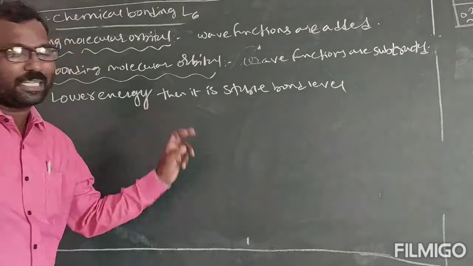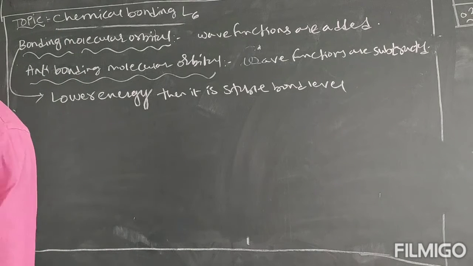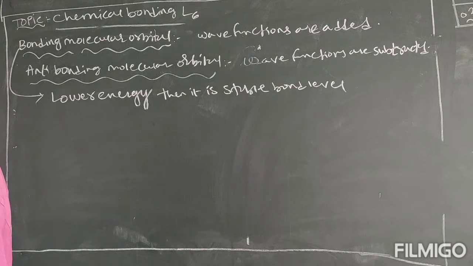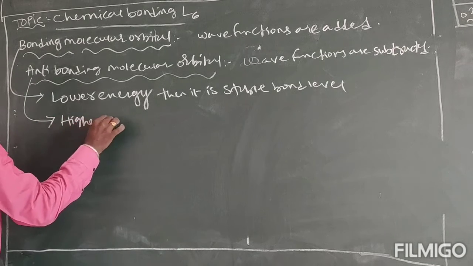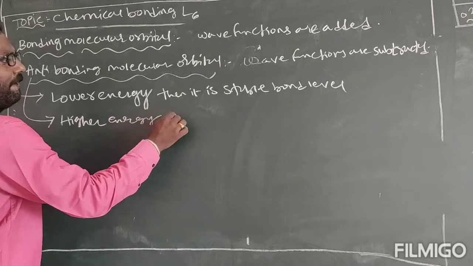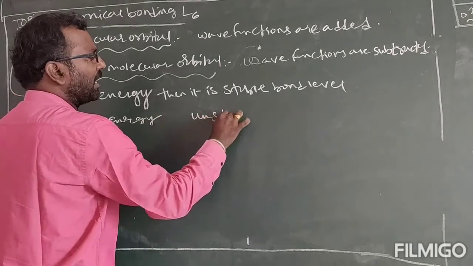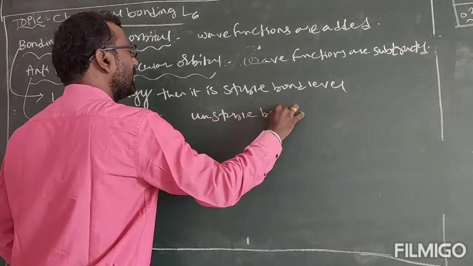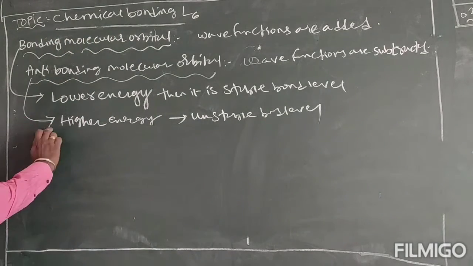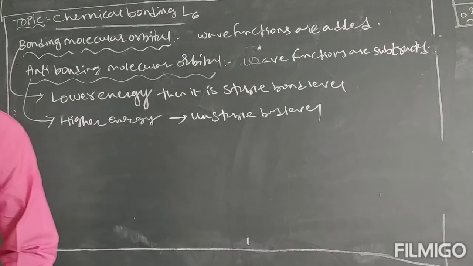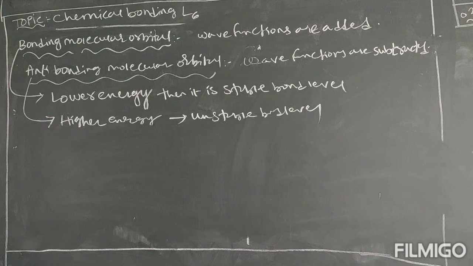If the energy is low for the bonding one, then what happens in the case of anti-bonding? Higher energy. If higher energy is there, then they are unstable bond levels. Anti-bonding orbitals with higher energy are considered unstable.